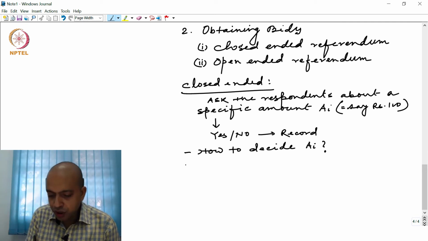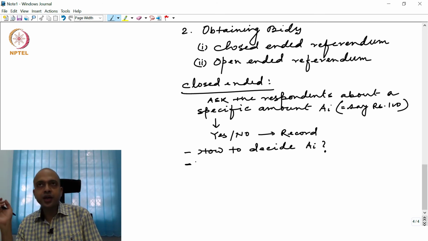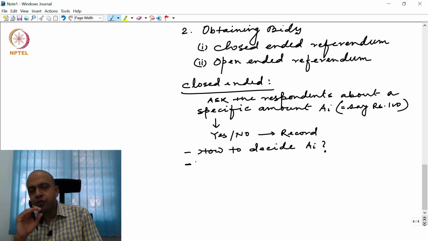Basically we have to keep in mind that before conducting the final survey at household level, we need to go to the place where we are going to conduct the study, and conduct some pilot survey, let's say a group meeting kind of thing.